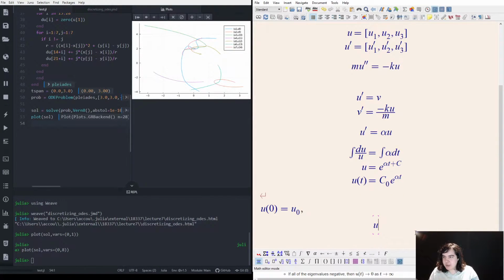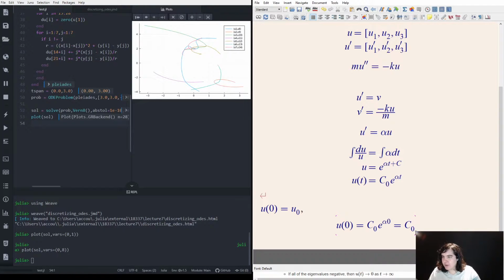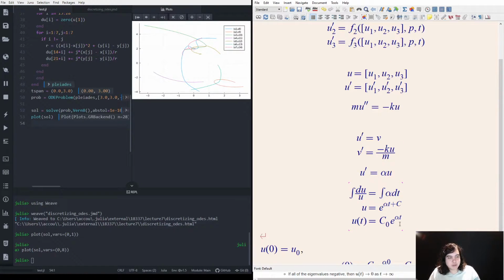Then what we see is that u of 0 equals, plug it into the equation, c0 e to the alpha 0 equals c0, right? So c0 is the value that you get for u at time 0. If you had different initial conditions, you can see how the same methodology works out. So there you go. The solution to the linear ODE is an exponential.